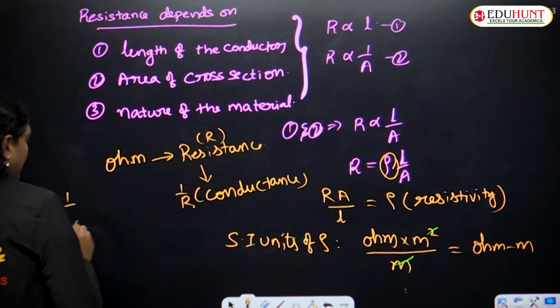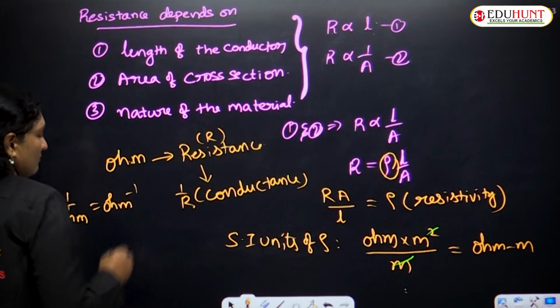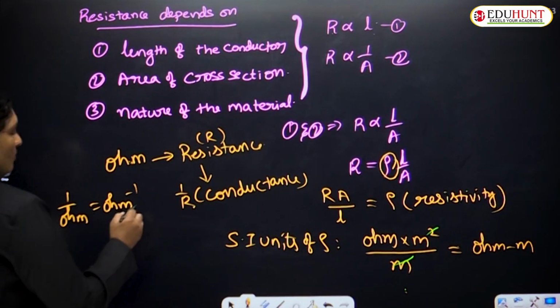What is the unit of 1 by R? It will be 1 by ohm. So, this can be written as ohm inverse, 1 by ohm or ohm inverse.